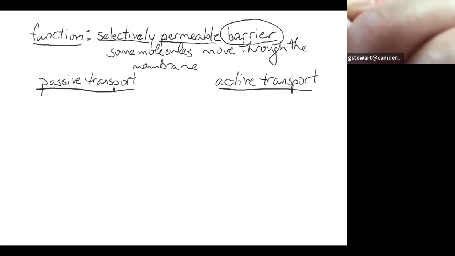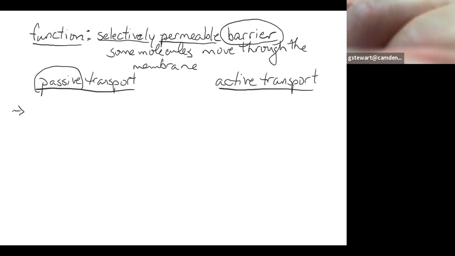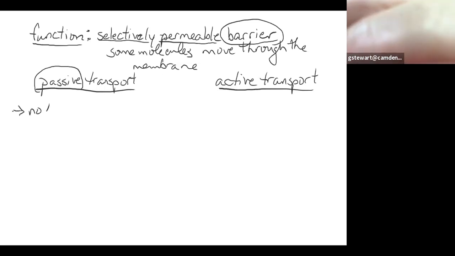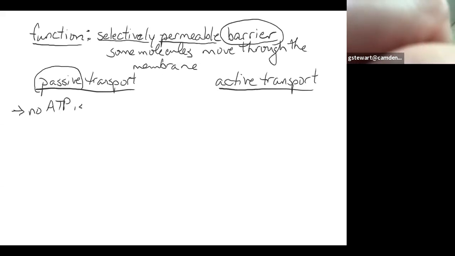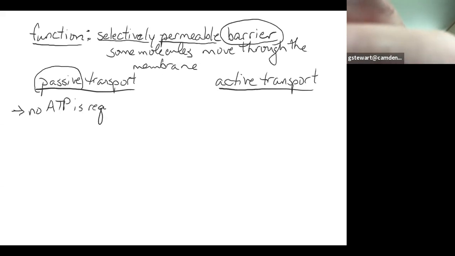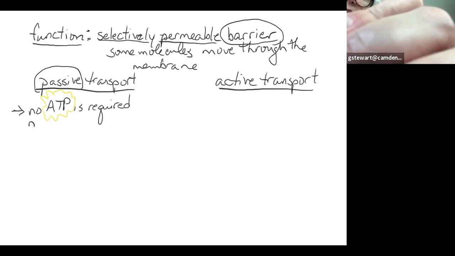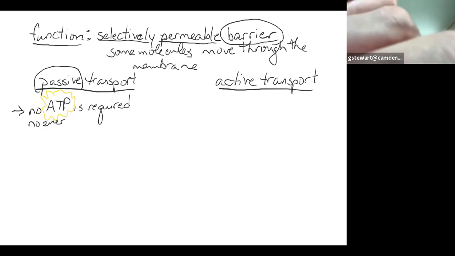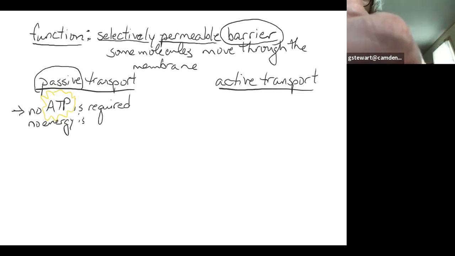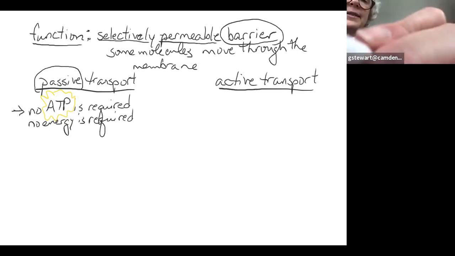Okay, passive transport, passive, that part of it, is referring to the fact that no ATP is required. Now, I would remind you that ATP is the form of chemical energy for the cell. So no ATP, or you can say no energy is required. Why is that?